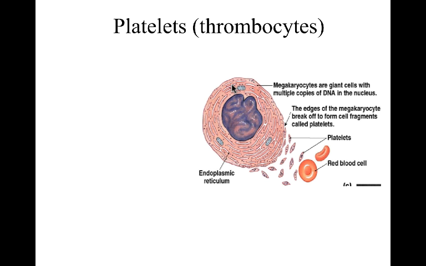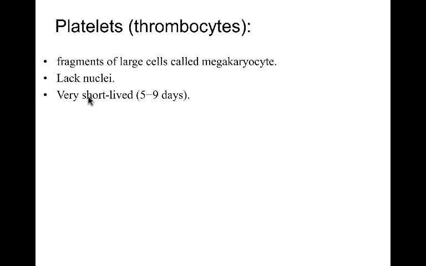Therefore, we say platelet is not a cell. Platelet is a fragment of a cell. Platelet only is going to stay functional in the blood for between 5 to 9 days, or around a week.